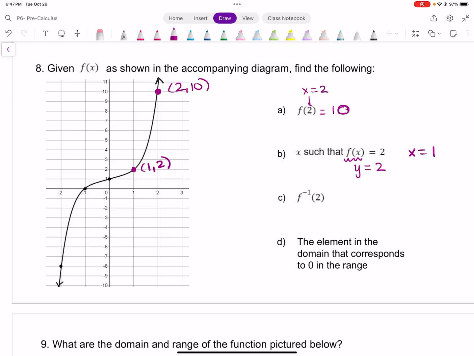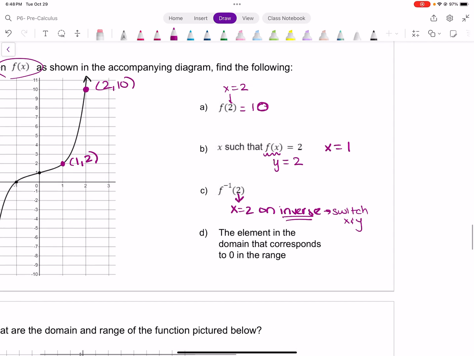For part C, it says f inverse of 2. So this is saying that x equals 2, but it's saying x equals 2 on the inverse. That is not the graph that I have. I have regular f of x. So if x equals 2 on the inverse, remember, inverse means switch your x and y.